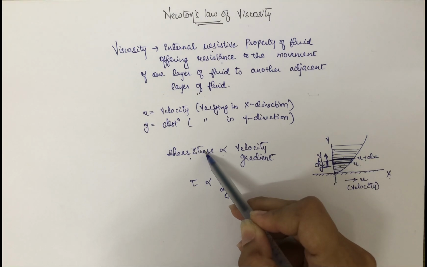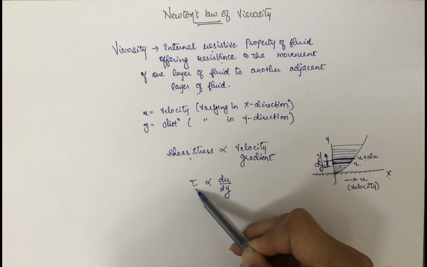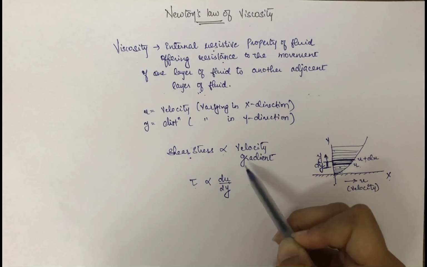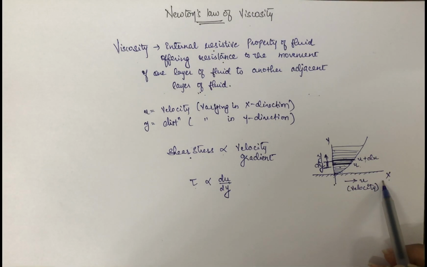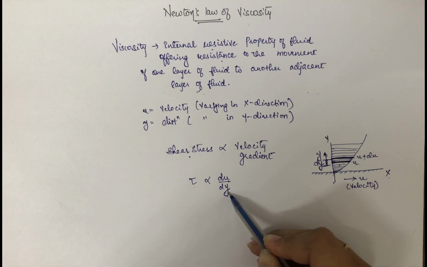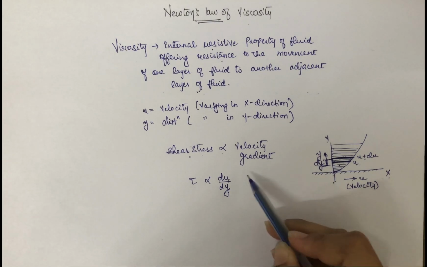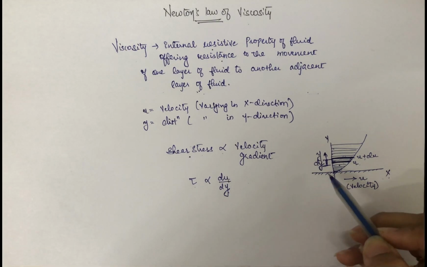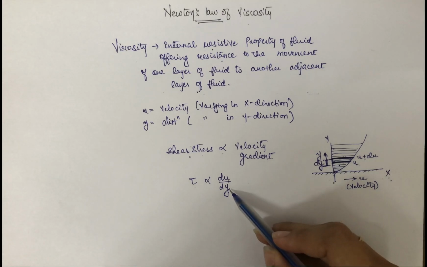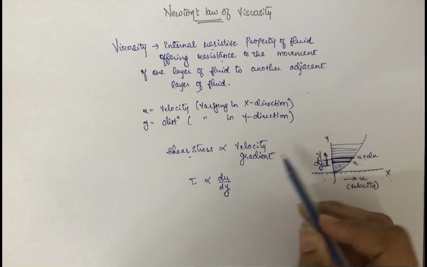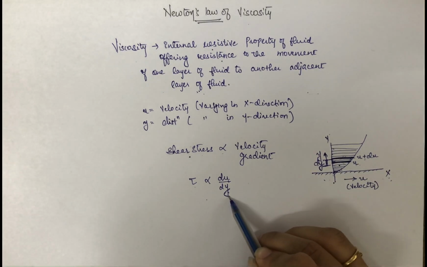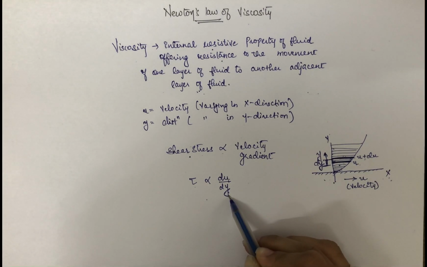Shear stress is represented by the symbol tau, while velocity gradient is the rate of change of velocity in the x direction with respect to the change of distance in the y direction, du by dy.